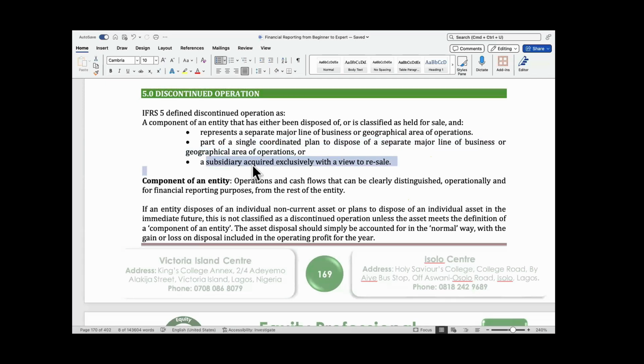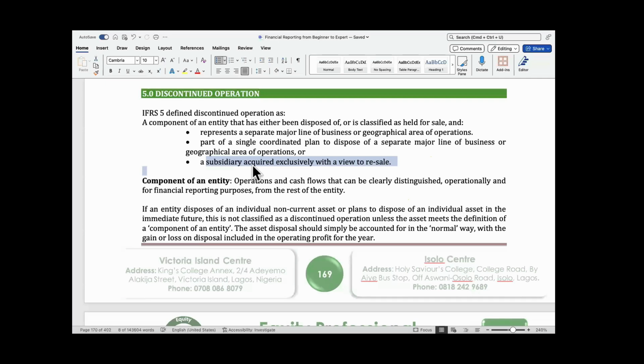These are components of an entity that you want to sell. Then that's what we call discontinued operations. So that's the first thing, the definition, understanding that discontinued operations is different from asset held for sale.